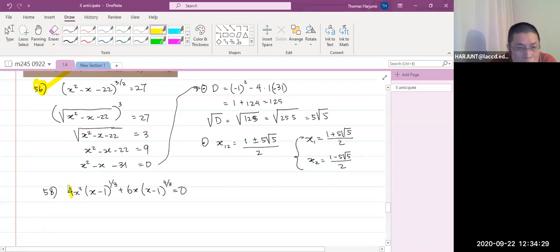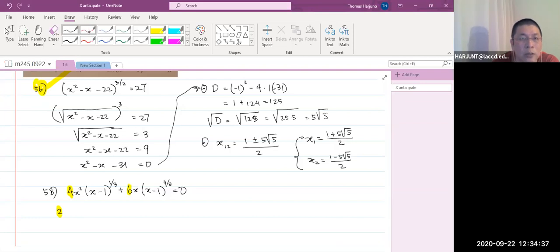Let's see. 4 and 6, the common factor is 2, right? x squared and x, the common factor is x. Are you with me so far?